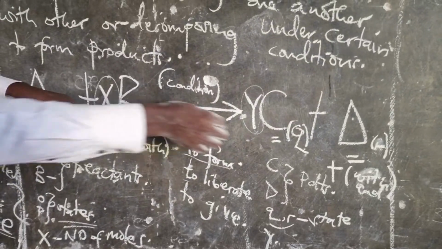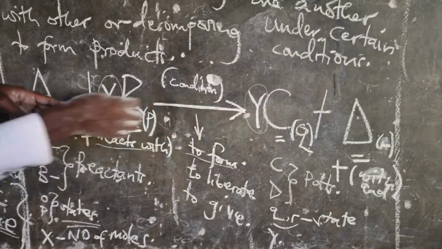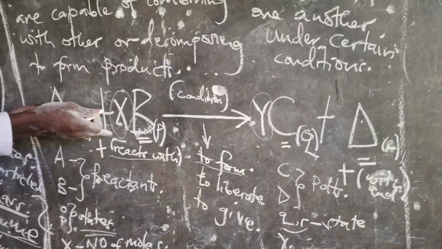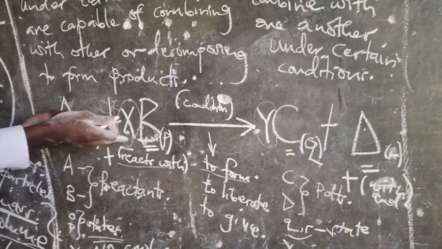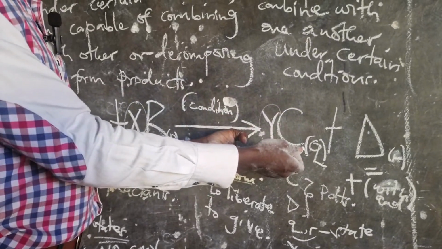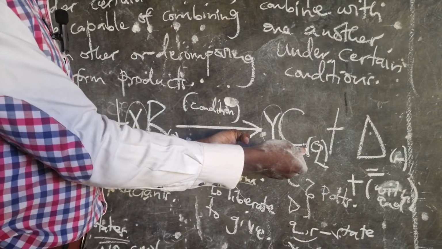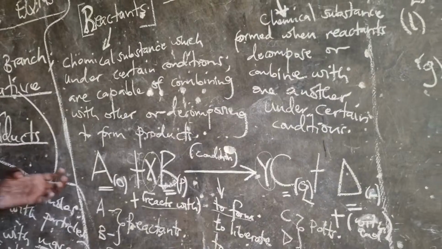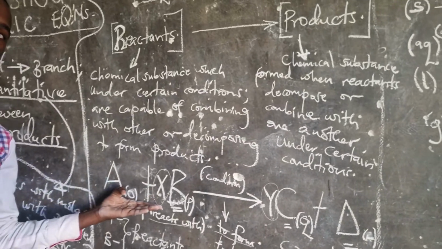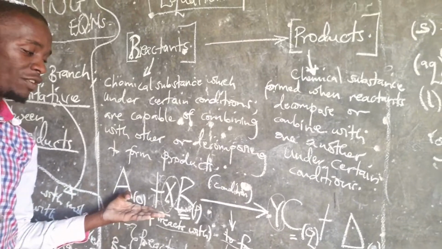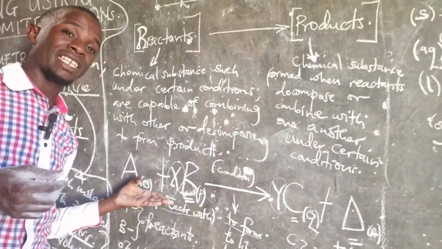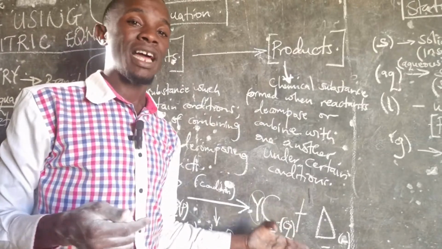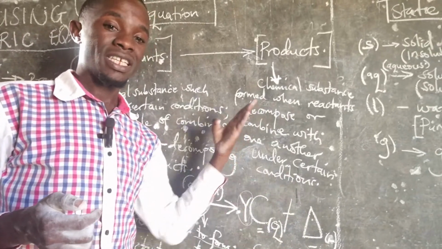And these numbers are always put to balance the number of atoms of a certain element this side with the number of elements the other side. So any equation to be termed as a stoichiometric equation must have balanced number of individual atoms on the reactant side with those on the product side. We shall always term it as a stoichiometric equation.